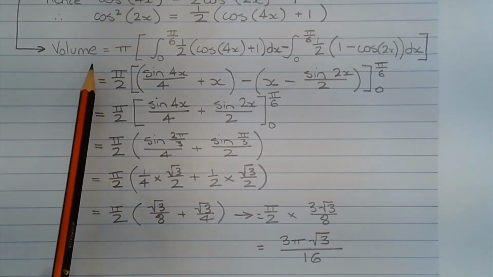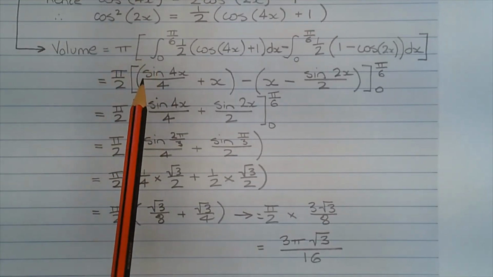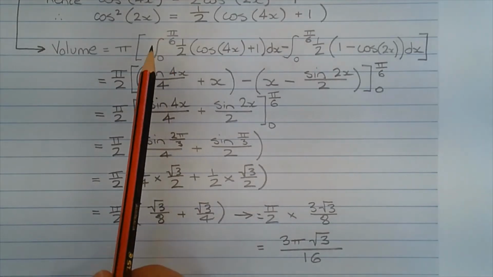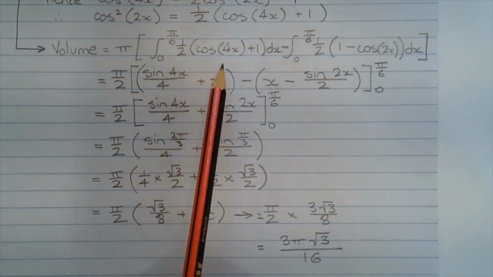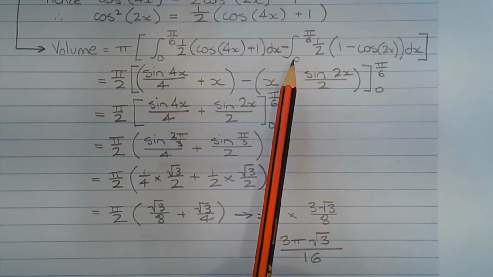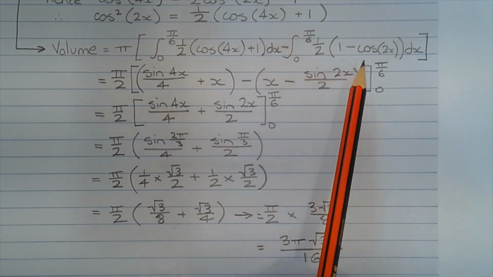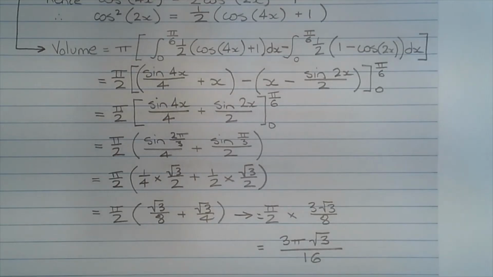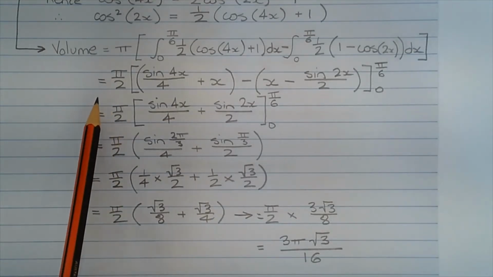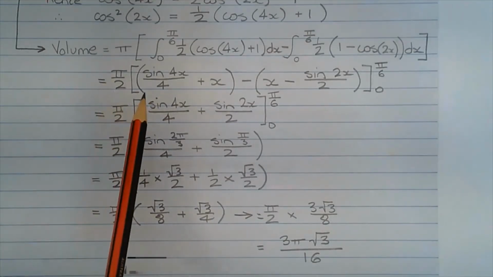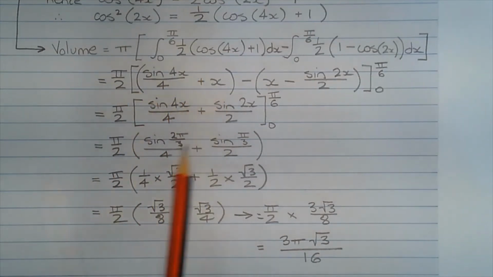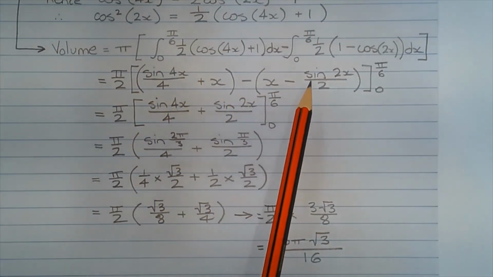So the volume is pi outside of the integral from x equals 0 to pi over 6 of half outside of cos 4x plus 1 dx minus the integral from x equals 0 to pi over 6 of half outside of 1 minus cos 2x dx. And that equals pi over 2 outside of sine 4x over 4 plus x minus sine 2x over 2.